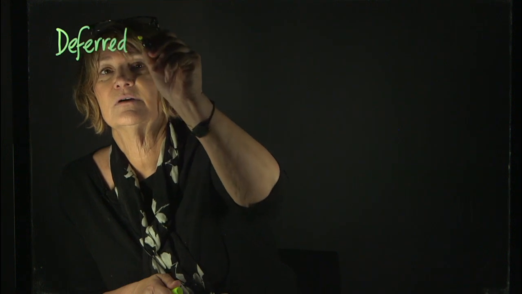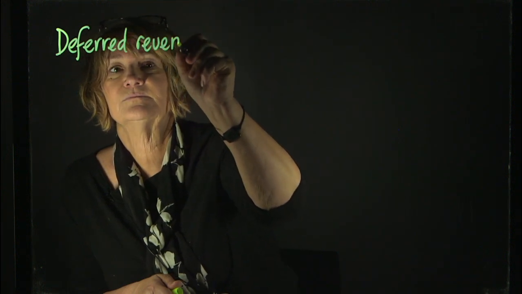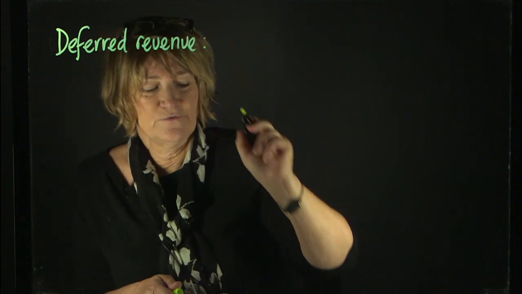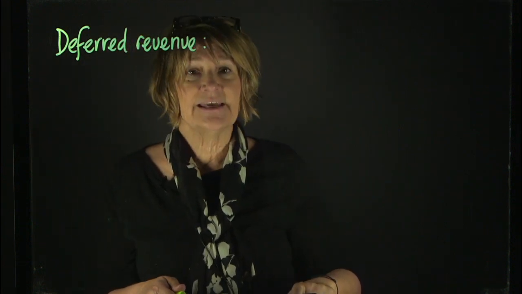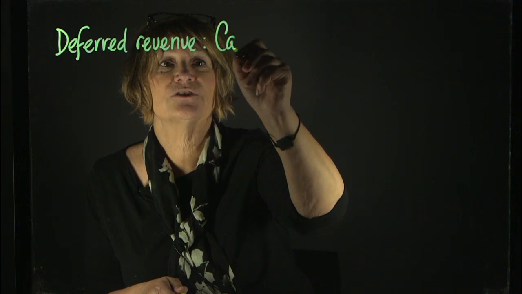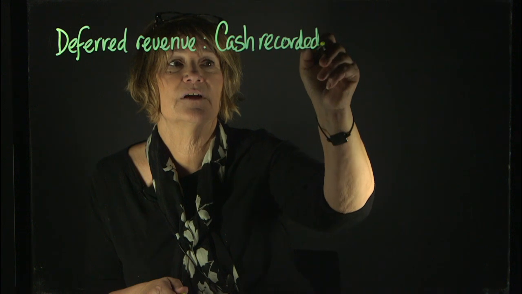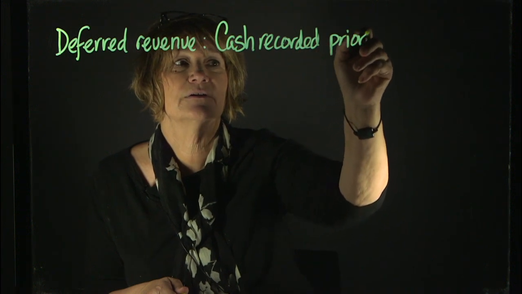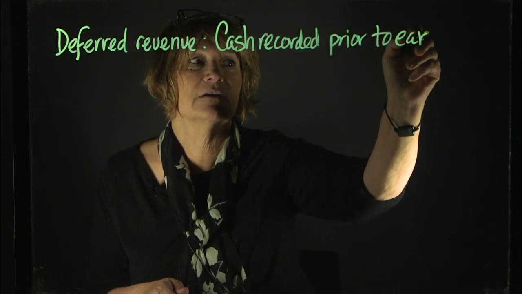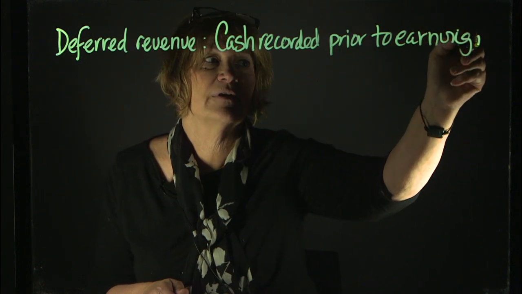Okay? So the first thing that we want to talk about are the 4 types of entries. So we have something that's called deferred revenue. Okay? Deferred revenue. And that is simply that cash is recorded prior to earning revenue.